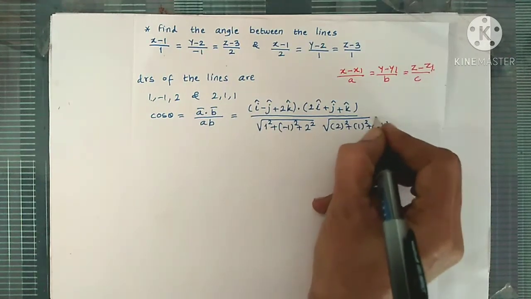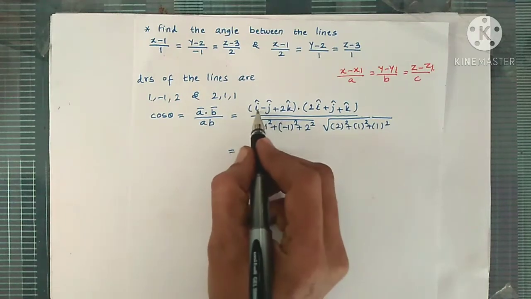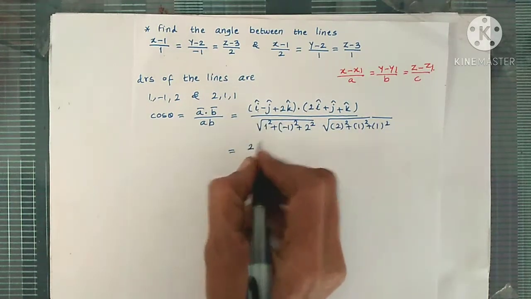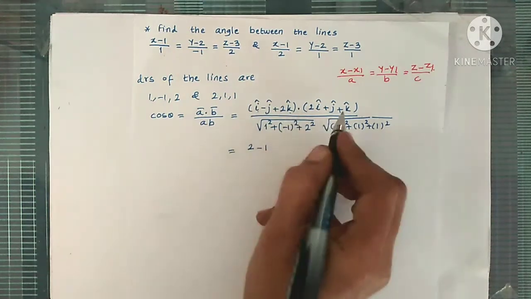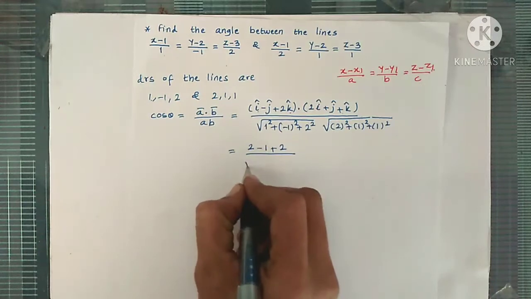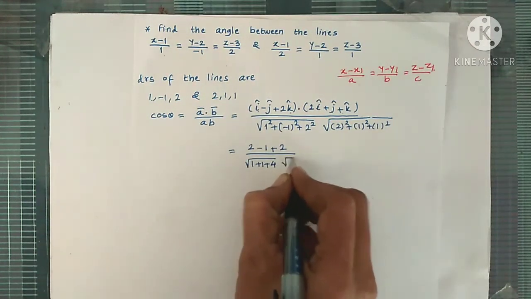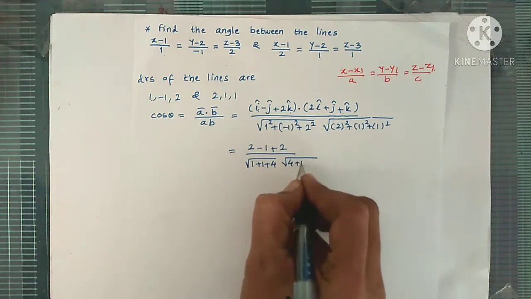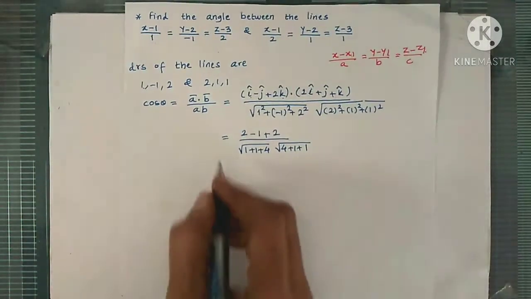Now simplifying this and taking the dot product, we have 1 into 2, that is 2, minus 1 into plus 1, that is minus 1, and 2 into 1, that is 2, divided by root of 1 plus 1 plus 4. Here also we have the same numbers, so we get root 6.